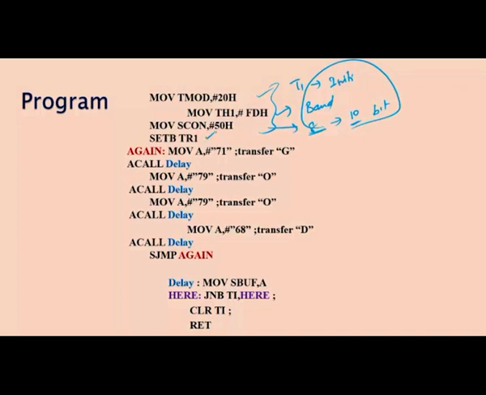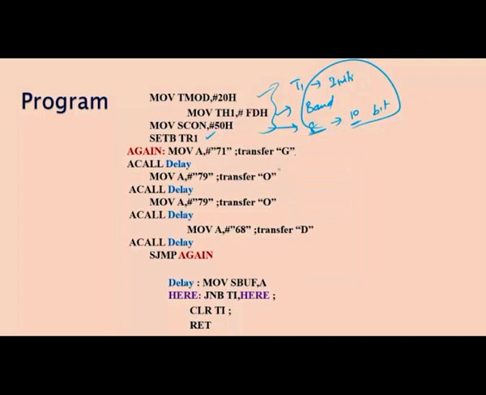Once the timer starts, now I have to move the character, right. First I will transfer G to the accumulator. After transmitting, instead of passing immediately, I will give a delay till the completion of the first data. So first I transmit the data G via the accumulator, then I call the delay.